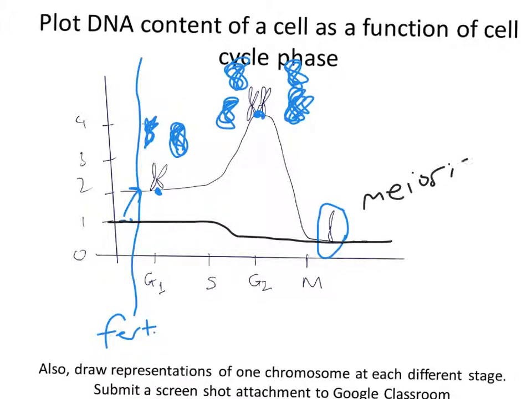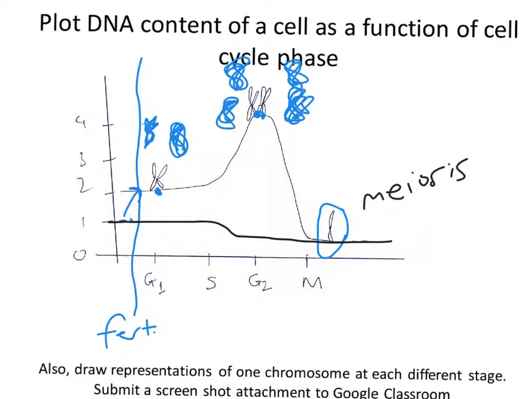What would happen if instead we were looking at a cell that was undergoing mitosis, just simple cell division? What DNA content would that cell be at the end after M phase? Every cell division starts with how many copies of every chromosome in a regular cell?